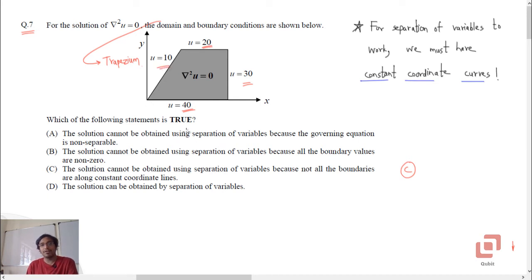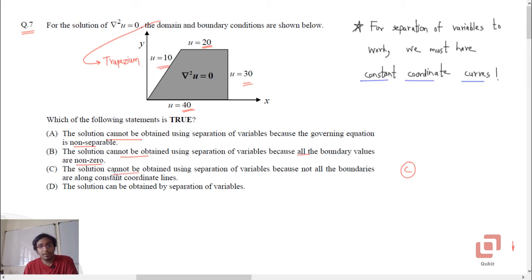Which of the following statements is true? The solution cannot be obtained by using separation of variables because the governing equation is not separable. The solution cannot be obtained by separation of variables because all the boundary values are non-zero.